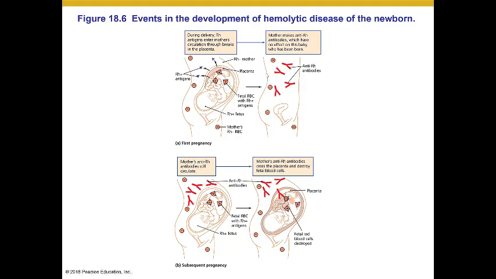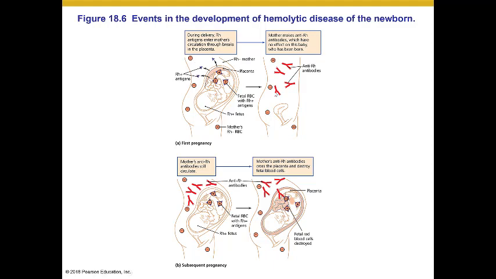So during delivery of this baby, there could be some breaks in the placenta, and some of those baby's red blood cells mix with the mother's. And so the mother's blood is now encountering these different red blood cells that have this Rh factor on their surface that is foreign to the mother.